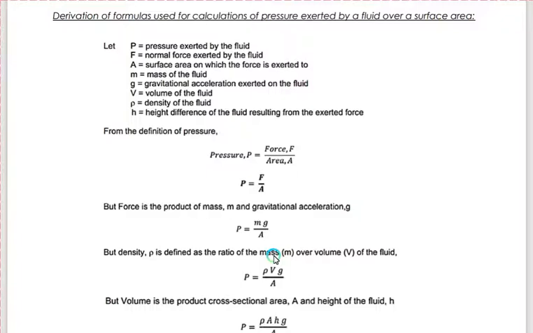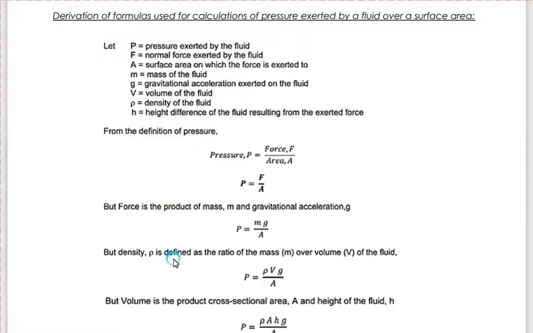Take note, depende kung ano ang given sa ating problem, pwede kita makagamit sang any of the formulas nga ari diri. So pwede siya naton if we consider that density is defined as the ratio of mass over volume. So ang aton nga rho is mass all over volume.